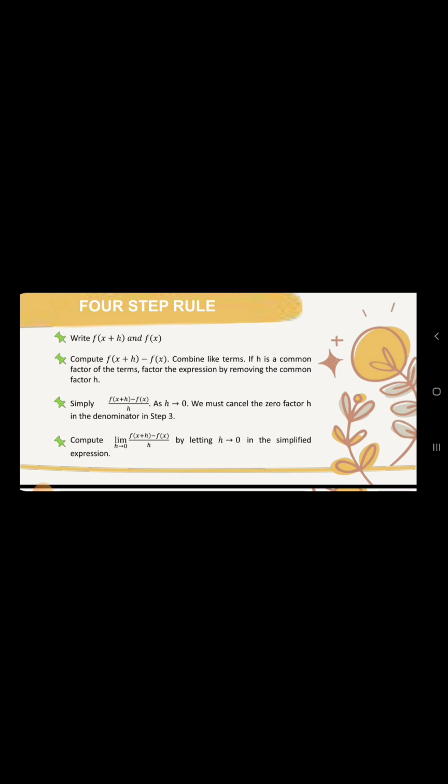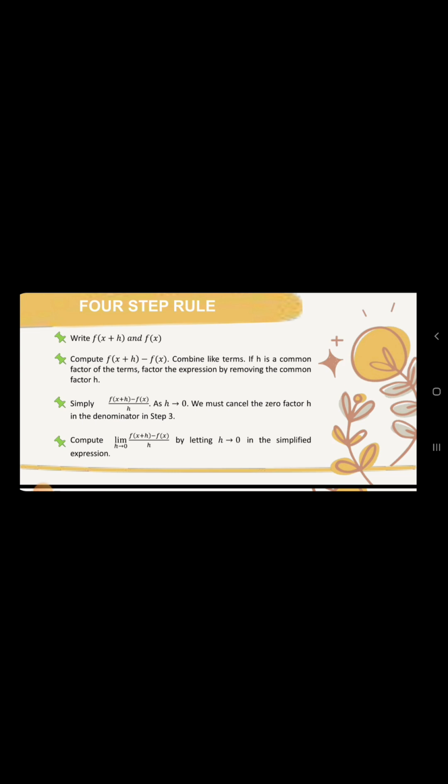If h is a common factor of the terms, factor the expression by removing the common factor h. Step 3: simplify f of x plus h minus f of x over h. As h approaches 0, we must cancel the zero factor h in the denominator in step 3.